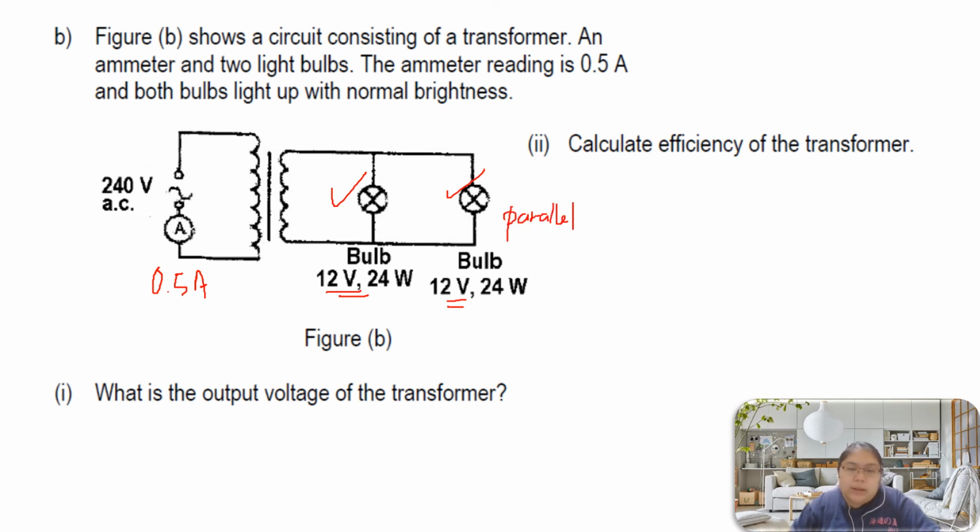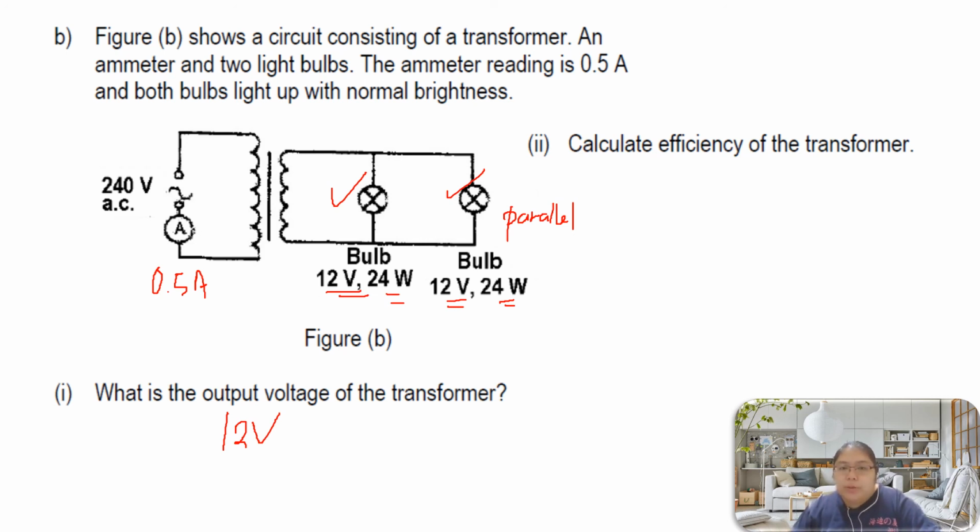Parallel circuit means they get the full voltage. The power of the bulbs is also the same, 24 watts. The first question asks what is the output voltage of the transformer. The output voltage for the bulb is just 12 volt. This one is the answer. We don't need to add anything. We just write down one of the voltages only, because it's parallel, they get the full voltage.